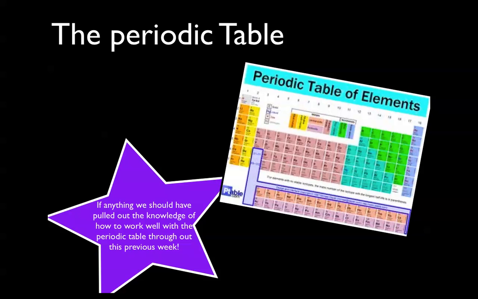And I'm not very good at the periodic table, so it was good use and practice for me when converting and just knowing better where all the elements are located. And if anything, we should have pulled out the knowledge of how to work well with the periodic table throughout this previous week because this was like continuous practice for us and it was very, very useful.